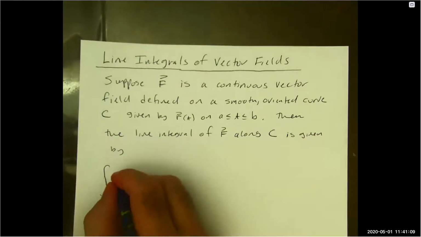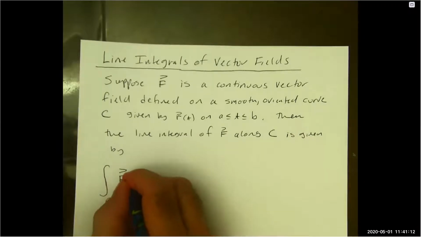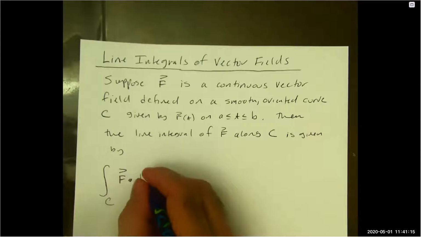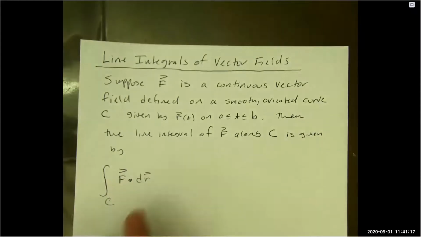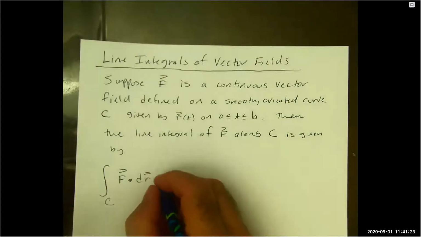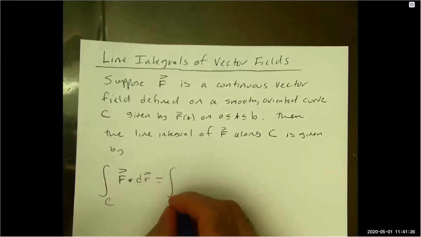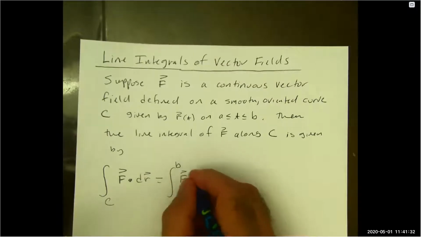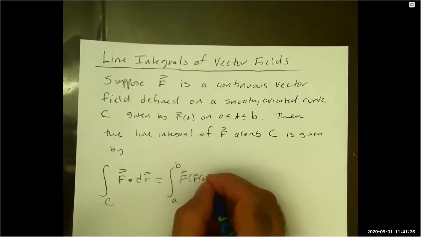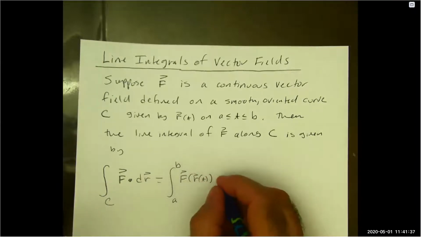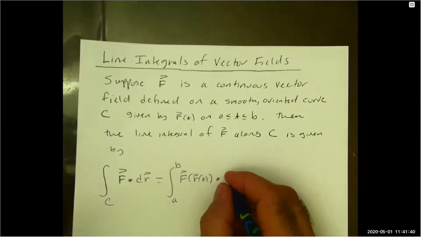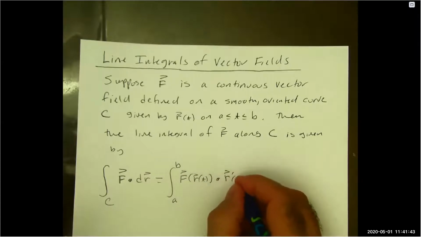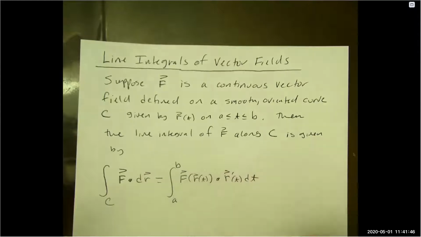So you're going to see this notation, F dot dr, with the vector symbol over your differential. What this means is that we have the integral from a to b of F of r of t dotted with r prime, dt.